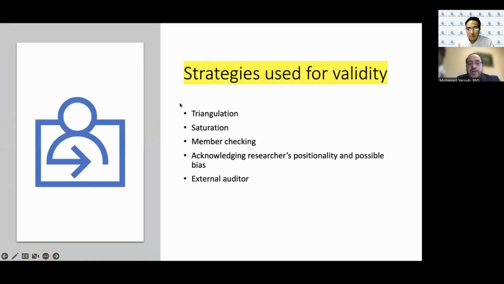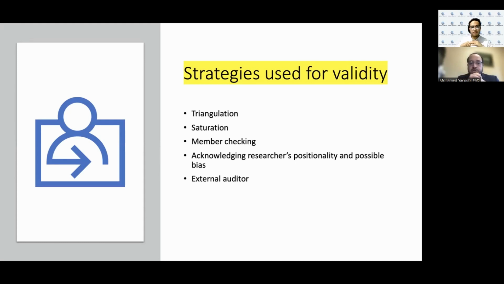These are the strategies that we use for validity in qualitative research. There's the term triangulation. From the linguistic root of the word, when you think of triangle, what is that? Something that has three points, three steps. It's not one thing, it's three things.